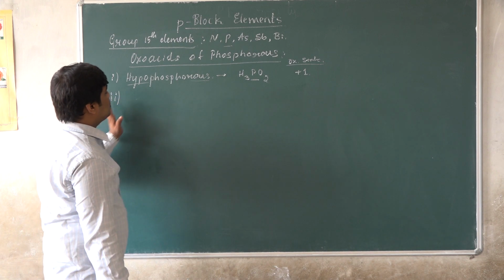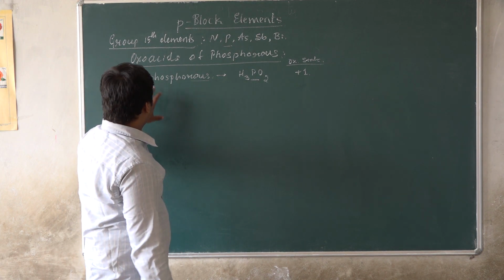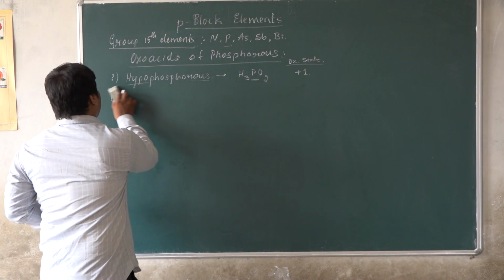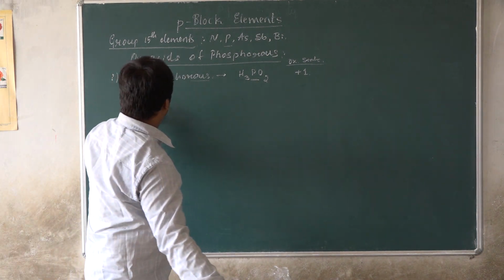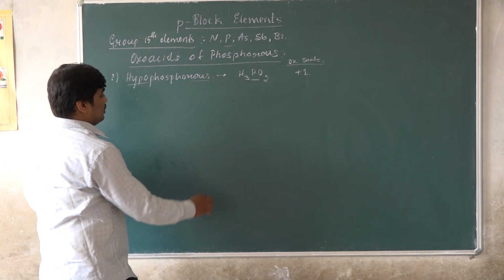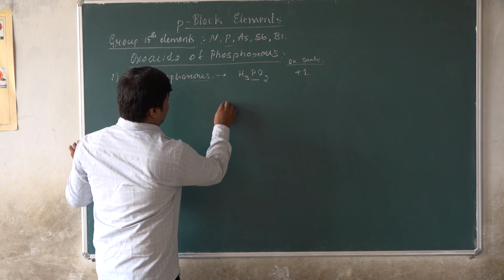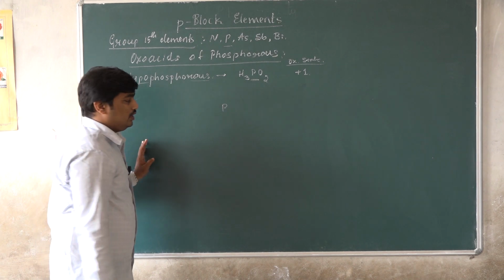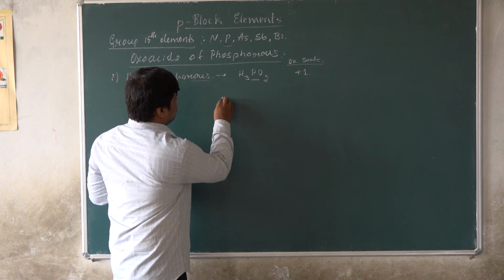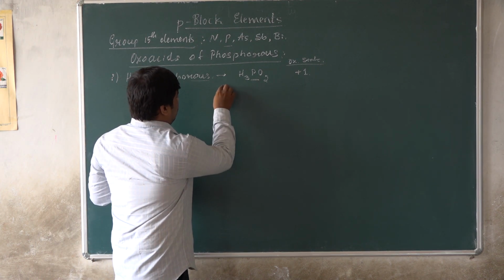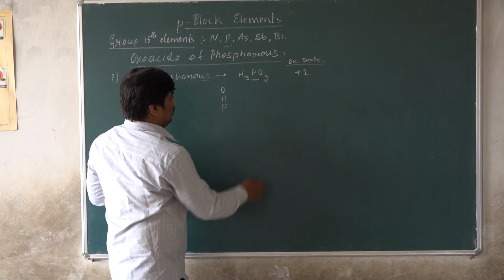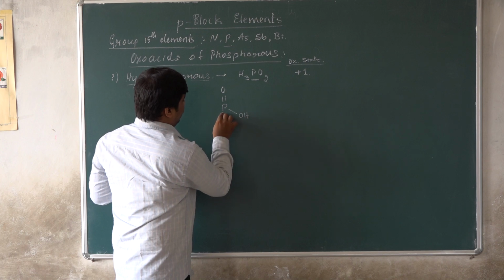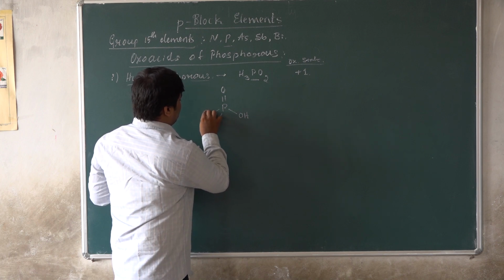Next, what is the structure of this one? The structure is very important according to your syllabus. The structure of hypophosphorous acid has phosphorus at the center, with one oxygen with a double bond, one OH, and the others are hydrogen.